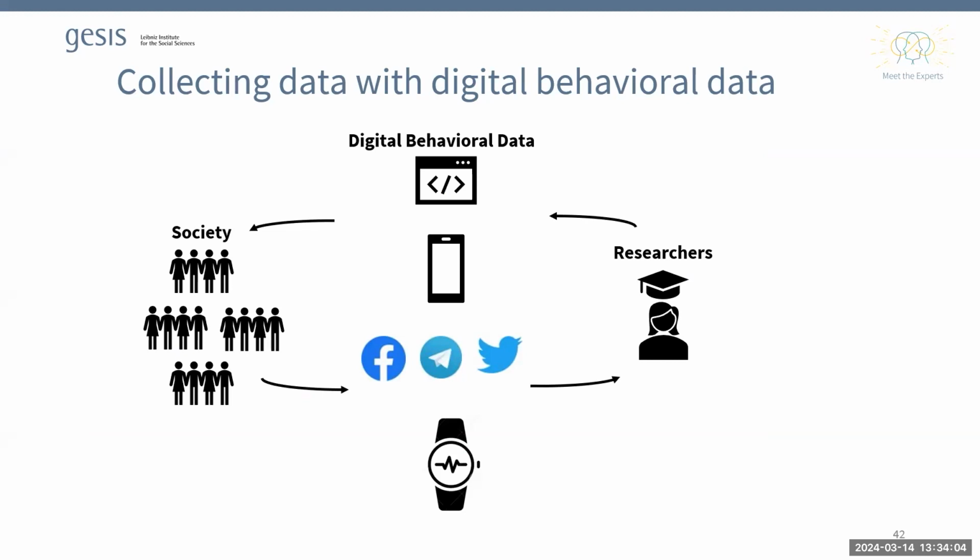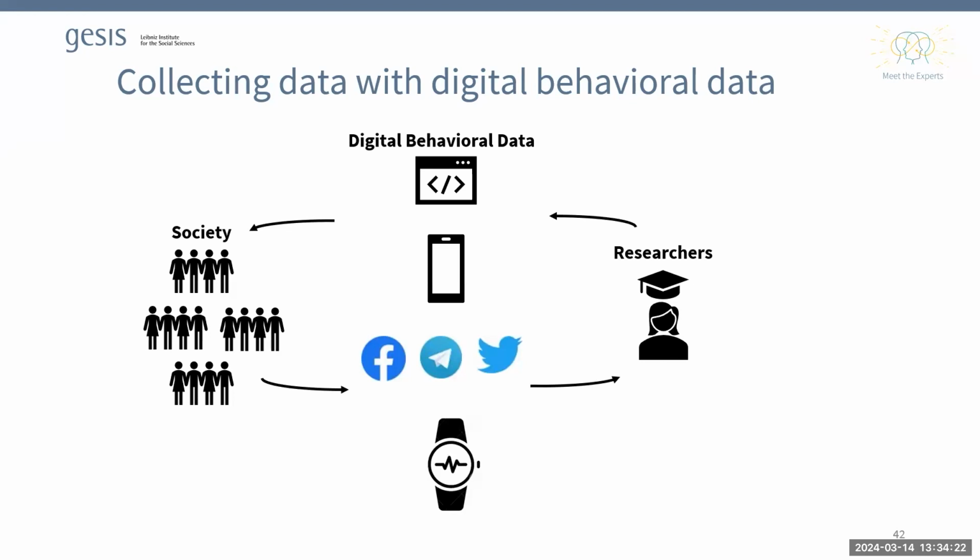For example, we use web tracking to see which web pages participants visit over the whole day. Or you can do little surveys on smartphones. Or you can use social media data with conversations, posts and reposts.